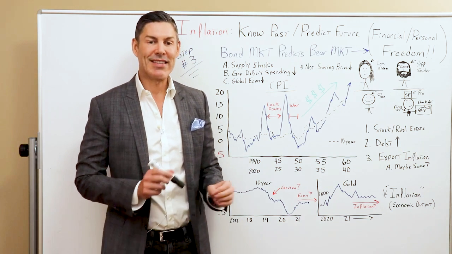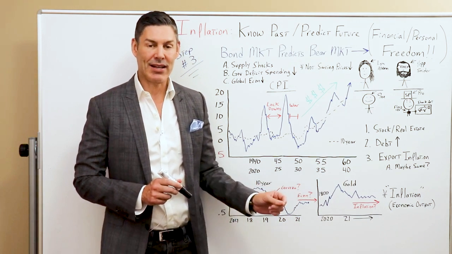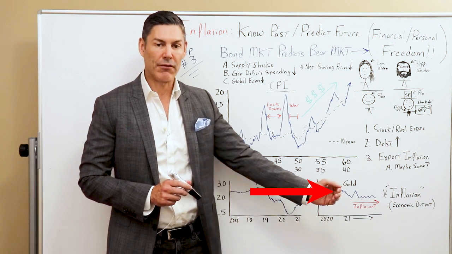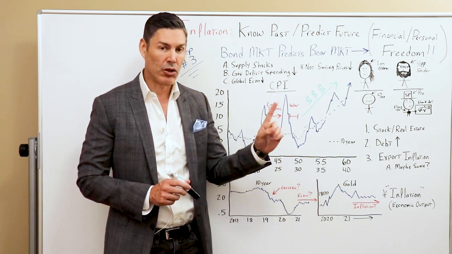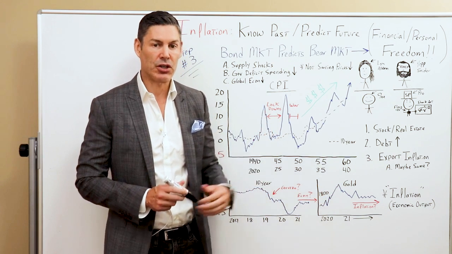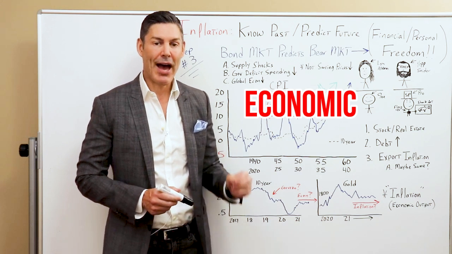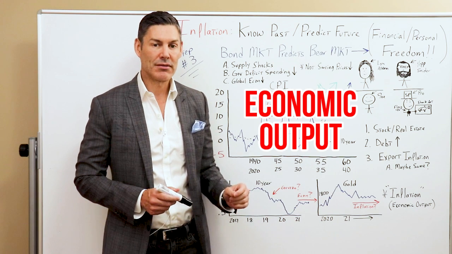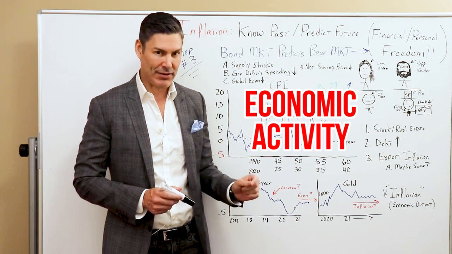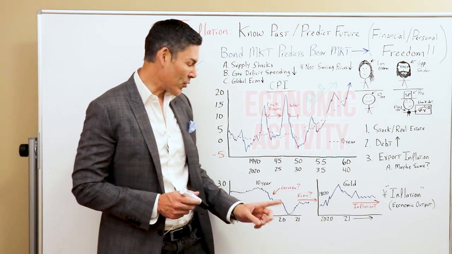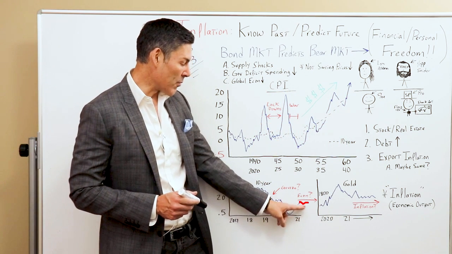So what is this, the gold price, telling us about future inflation? If we are looking at future inflation through the lens of economic output or economic activity. And then I would ask the same question here about the bond market.